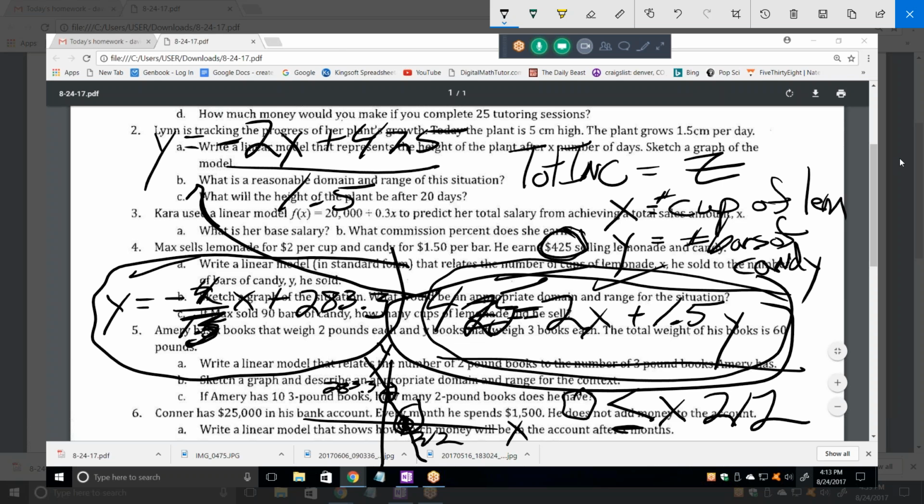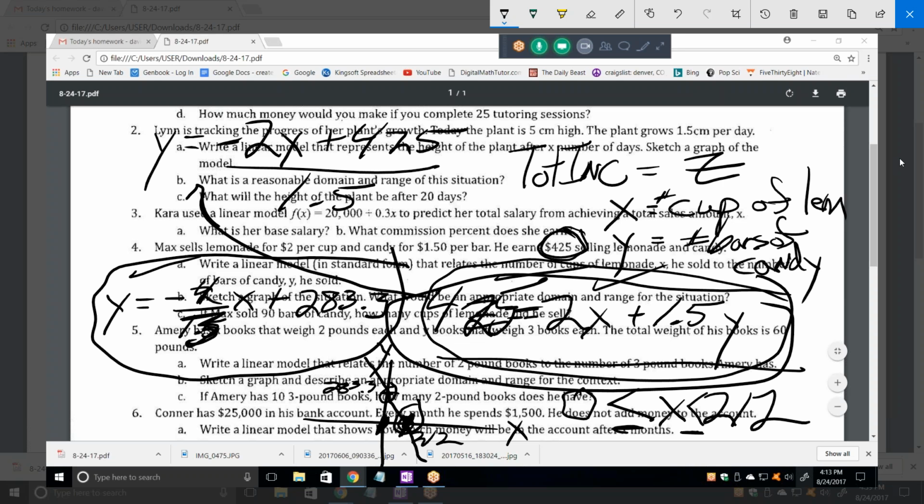So it's impossible for her to have sold more than 212 cups of lemonade. She sold somewhere between 0 and 212 cups. And that's the effective domain, the range between that point and that point.